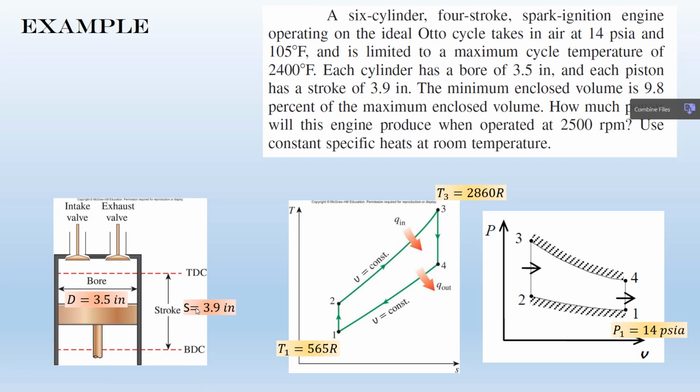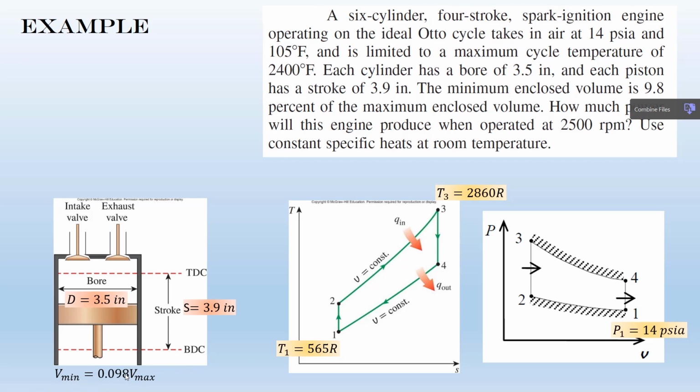And the last thing is that we know the minimum enclosed volume is 9.8% of the maximum enclosed volume. Or we can write V2 equals 0.098 times V max, which is actually V1, correct? This is the relationship between V min and V max.